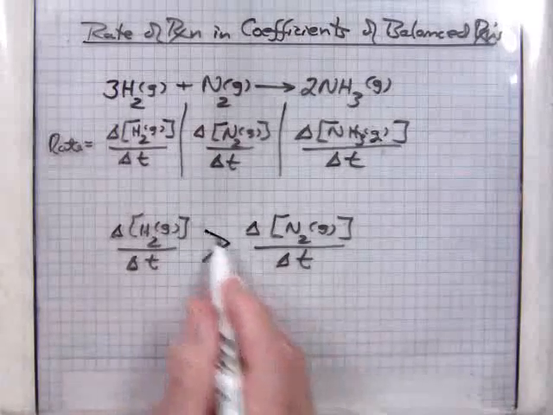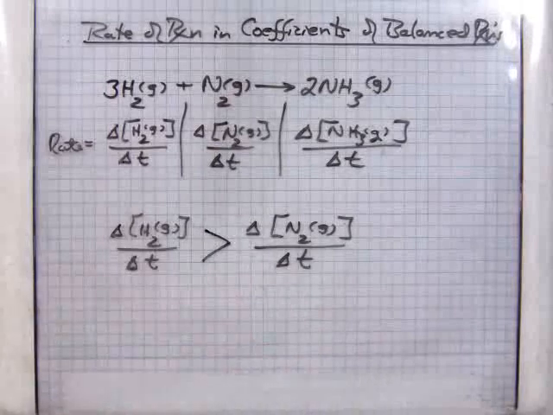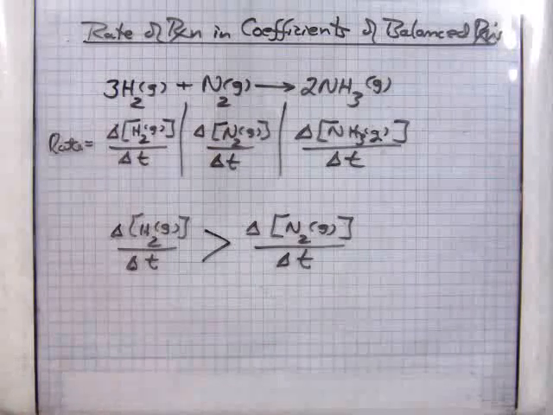So the problems that you have will be like those that we did in molarities, where you swap coefficients, and then you do the same thing here.